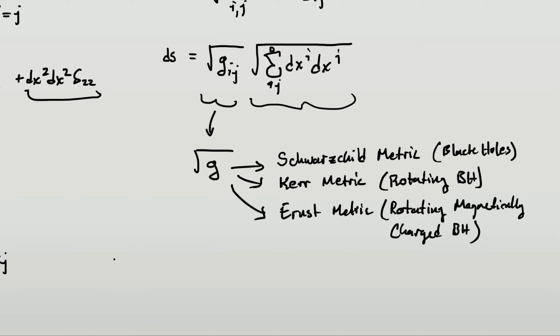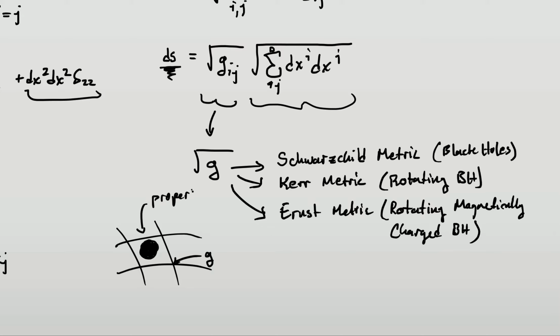Imagine we're in some space here, and we have some black hole. This metric, perhaps at this point, is going to tell us something about the notion of distance. When we are near this black hole, the properties of this black hole will tell us ultimately what g looks like.